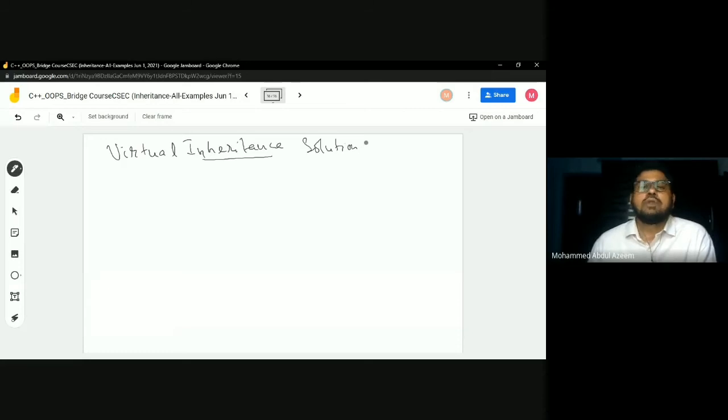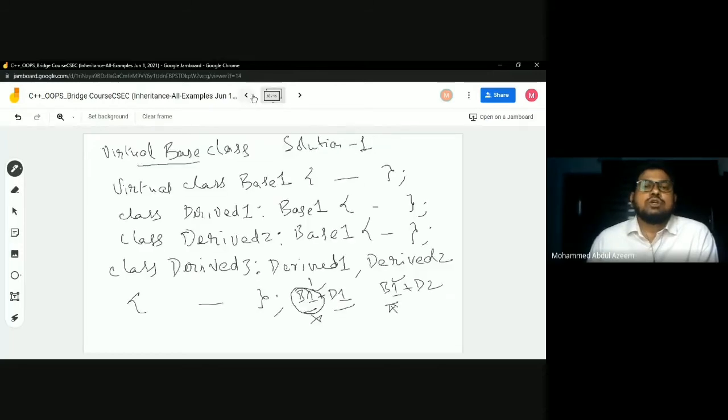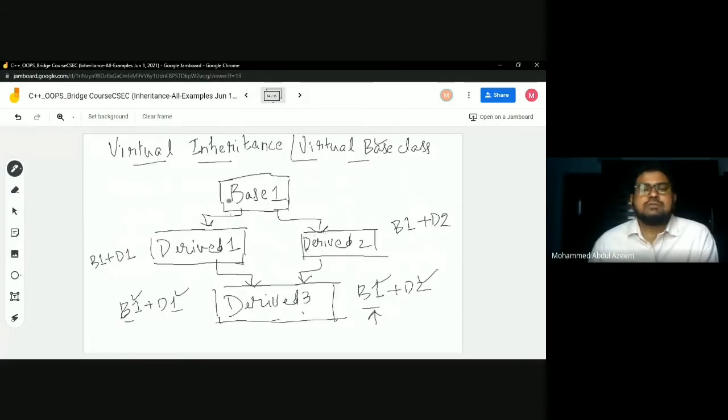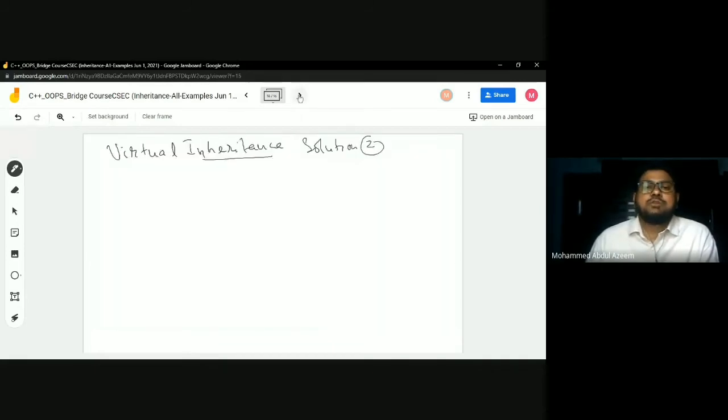Okay, so in this solution, what I'm going to do is the base class will be defined, and derive one is defined and inheriting base one. Derive two is inheriting base one. So this is the normal way I'll write all the code which is probably required to be associated with the particular base and derived classes. But at the derived three class, when I'm inheriting these two classes, I'll be using the virtual keyword that you can see here. That is said to be the virtual inheritance.